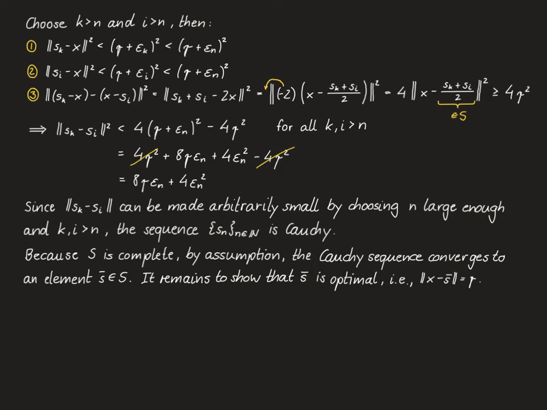And it remains to be shown that the vector S bar is optimal, so the norm of x minus S bar equals gamma.